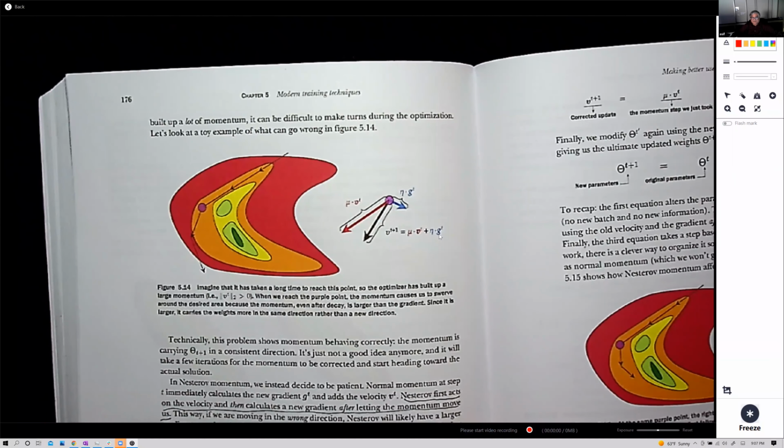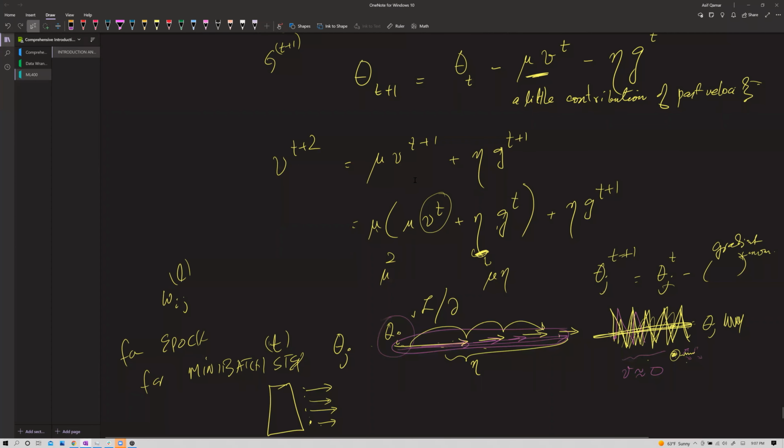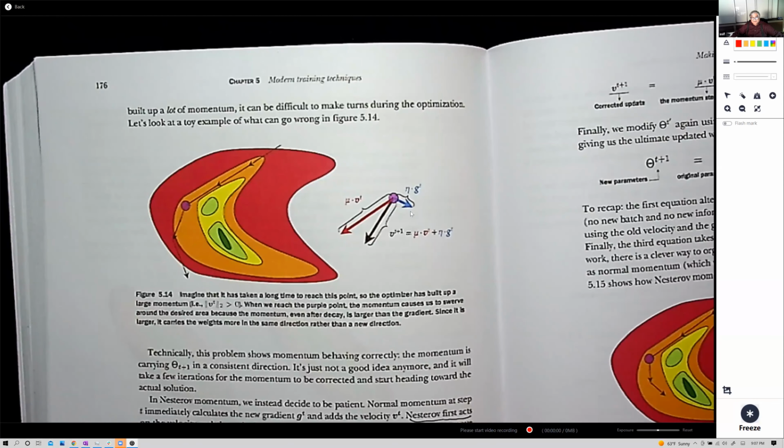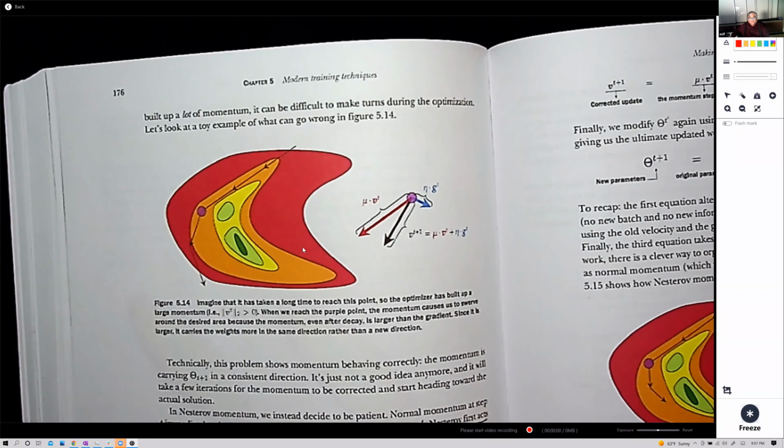This is the equation that we wrote. Is it making sense, guys? Yeah, this is in the book. So now it has a problem. One problem that it has is that imagine that you're moving very fast here.